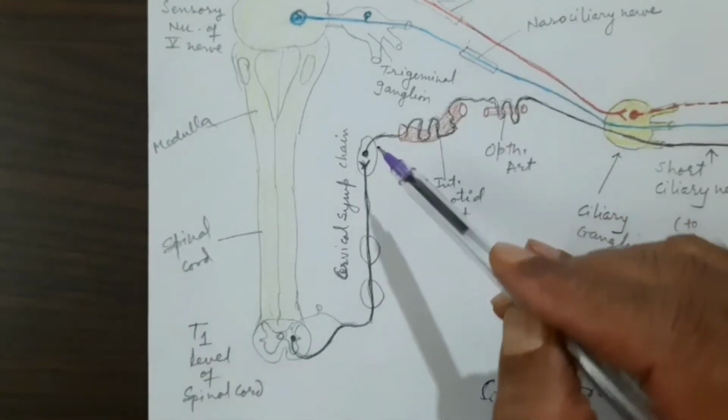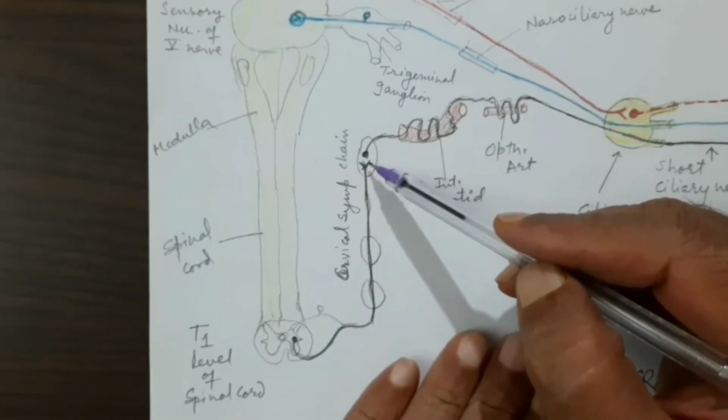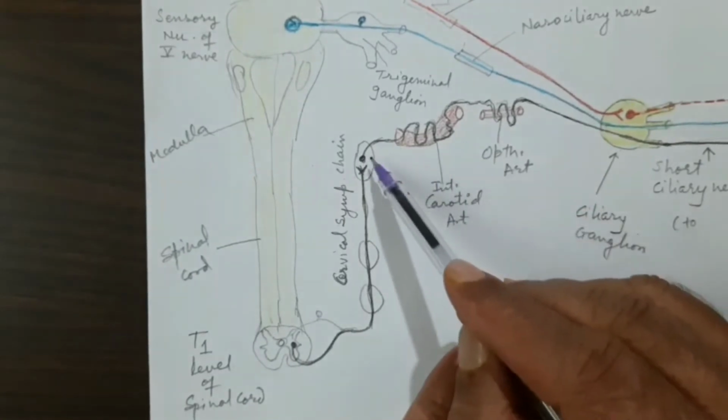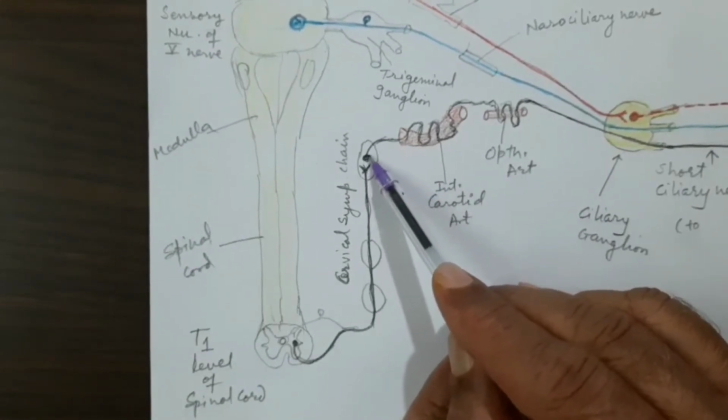So where will it relay? In the superior cervical sympathetic ganglion, where the postganglionic neurons of the sympathetic pathway are located.